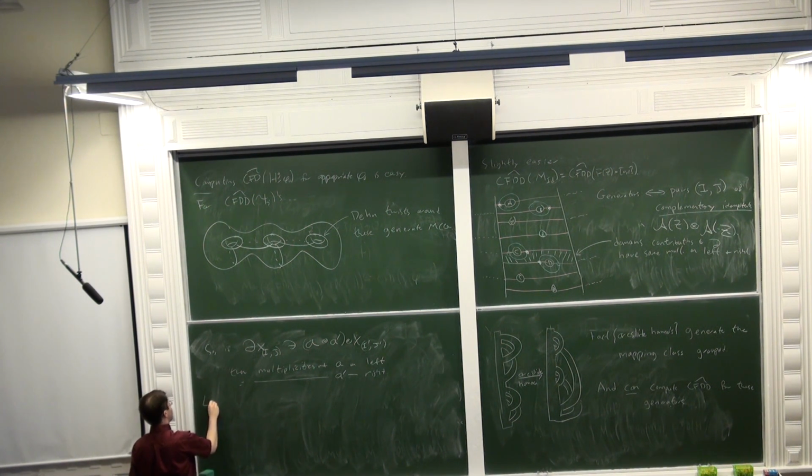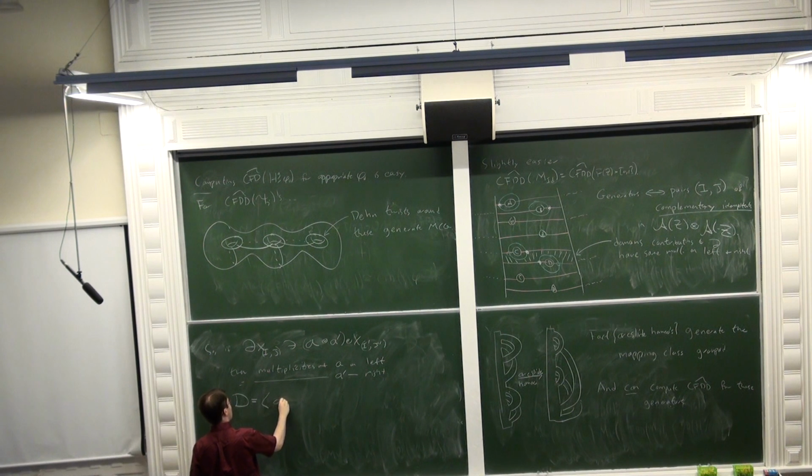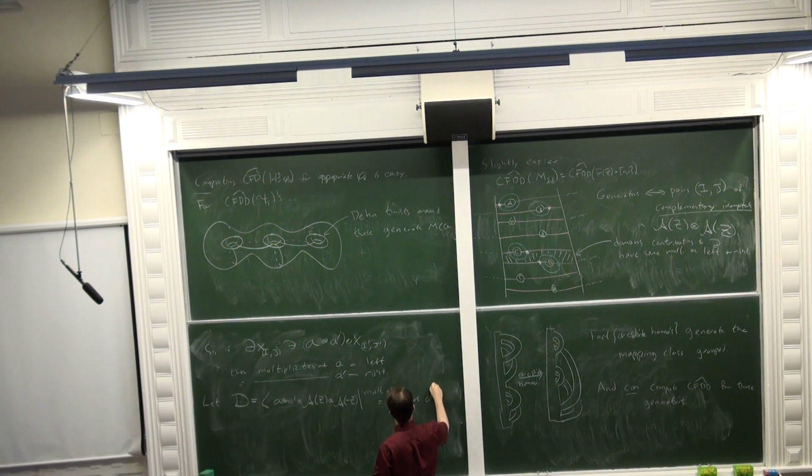So let's let P, the diagonal algebra, be the set of elements generated by A tensor A prime in A(Z) tensor A(minus Z), such that the multiplicities of A are equal to the multiplicities of A prime. This is what we call the diagonal algebra.